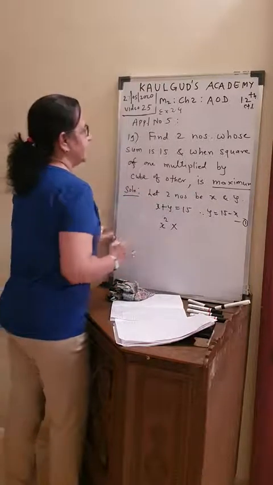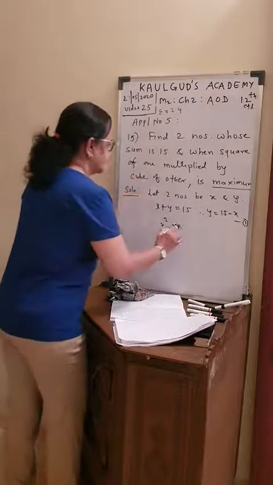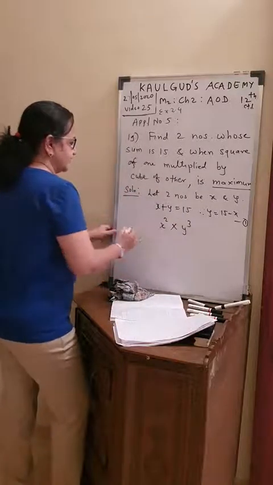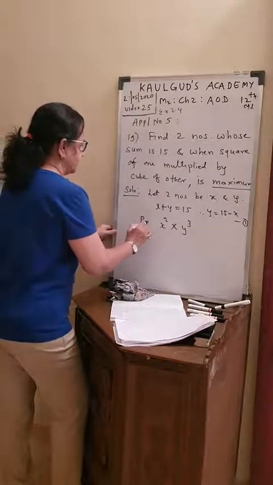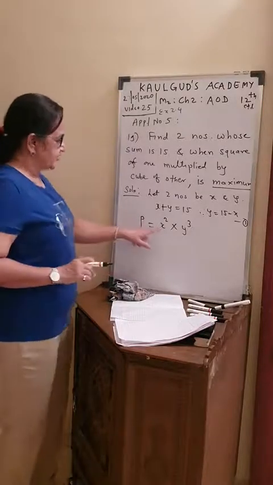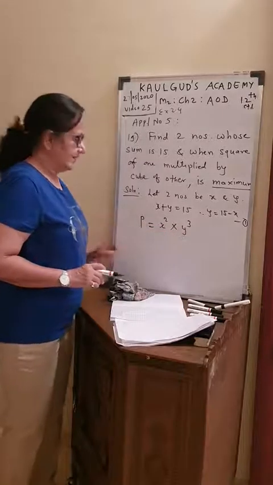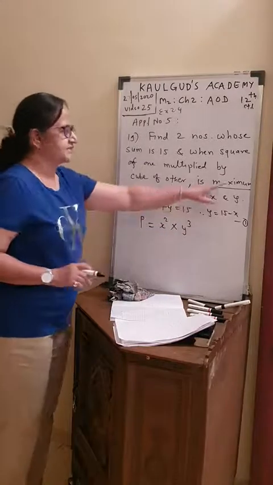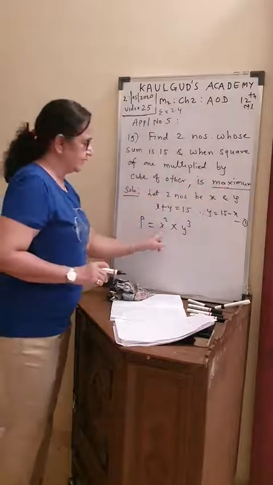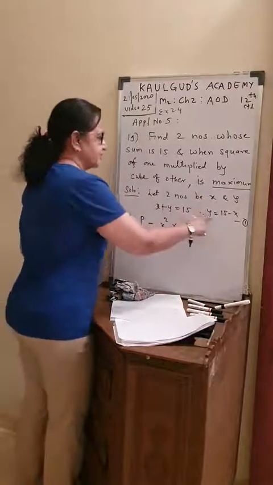That should be multiplied by the cube of the other, so y cube. And this function let us denote by p, because it's a product. They want p to be maximum, but again two unknowns I cannot keep, so let me substitute for y.